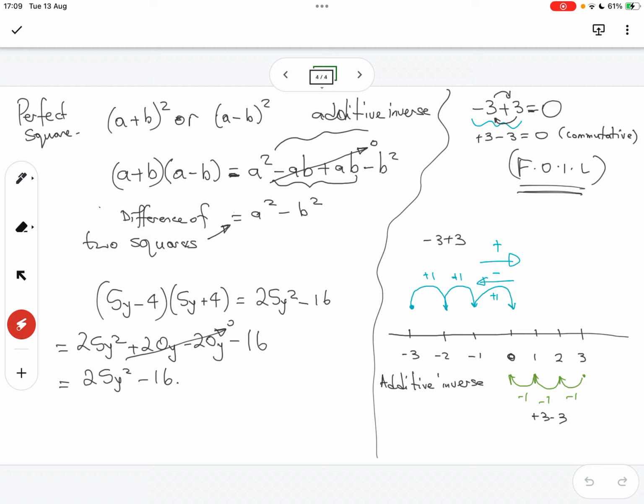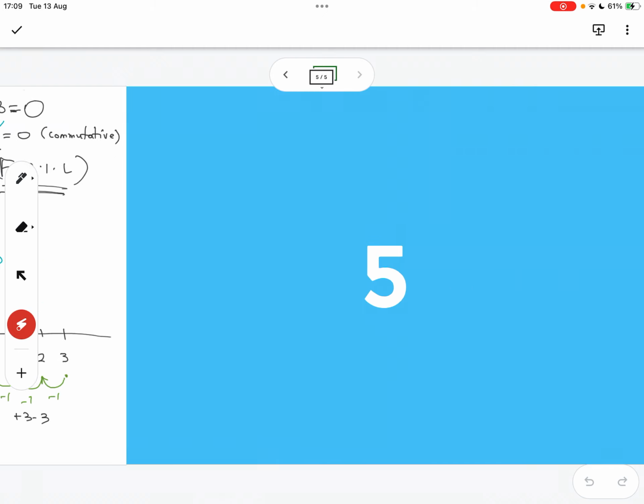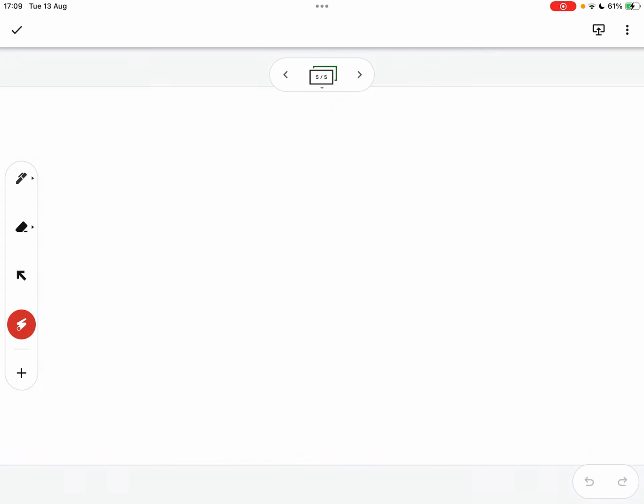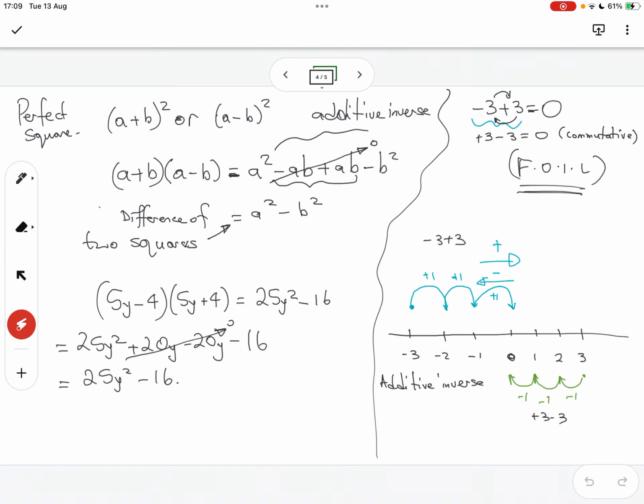Okay. So just read this part. The signs in the brackets are different. So the last term of the product is always negative. Yes, the last term of the product is always negative.